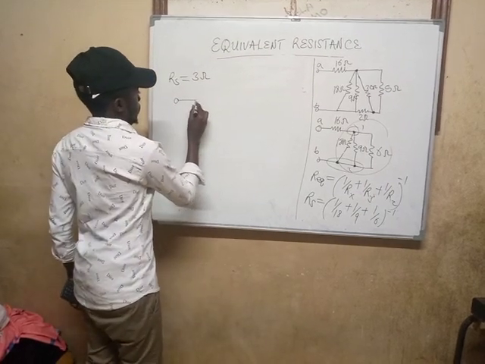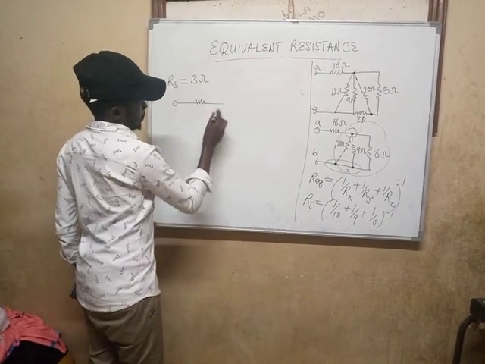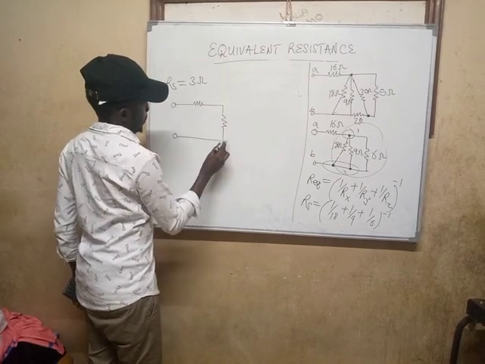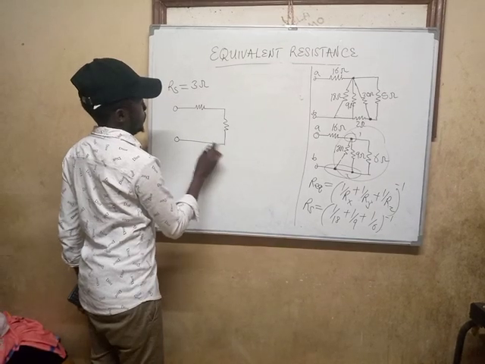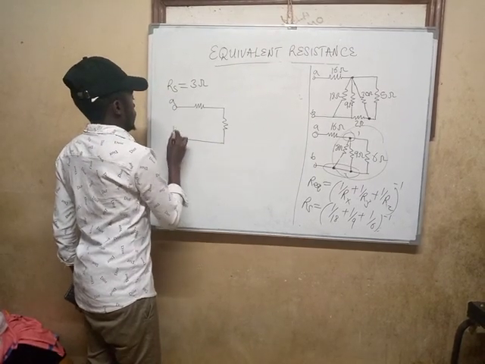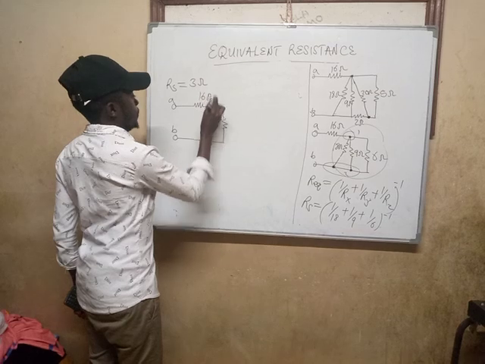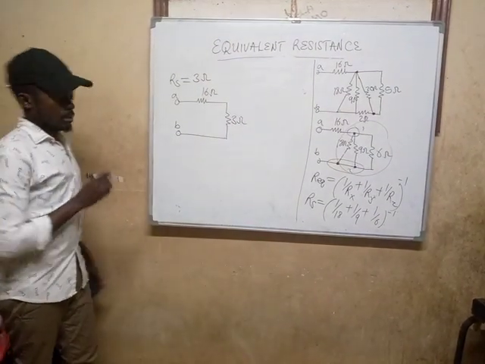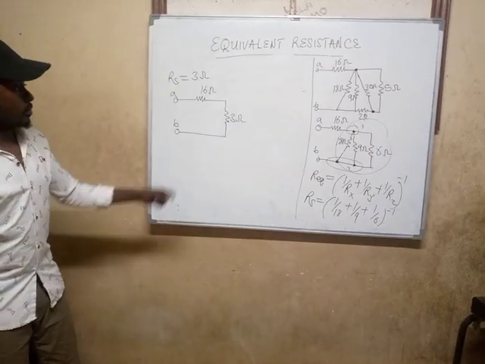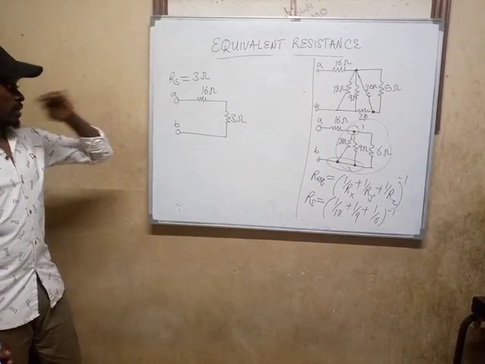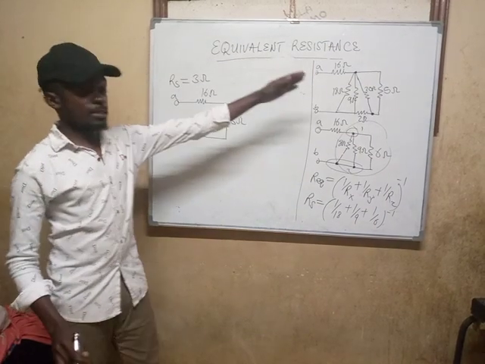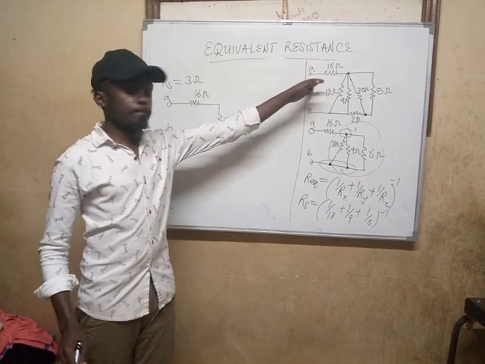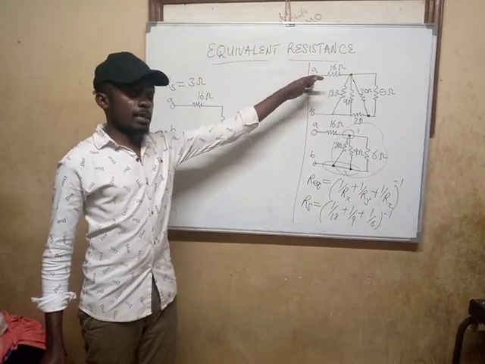So I have A, B, then the 16 ohms, then we have 3 ohms. What we have been given in this circuit are the resistors like this, but we want the total resistance across these terminals.